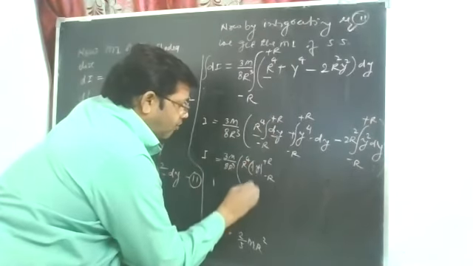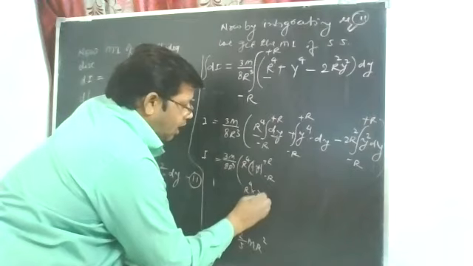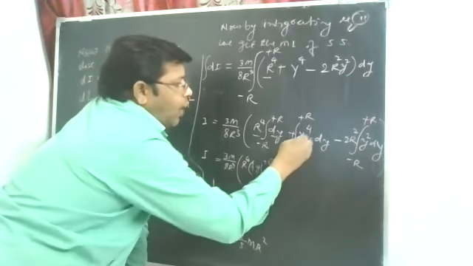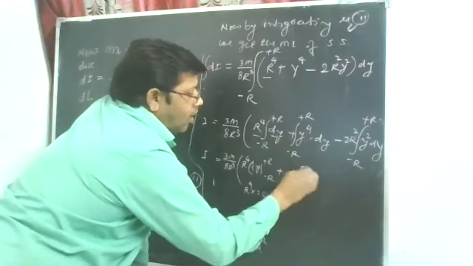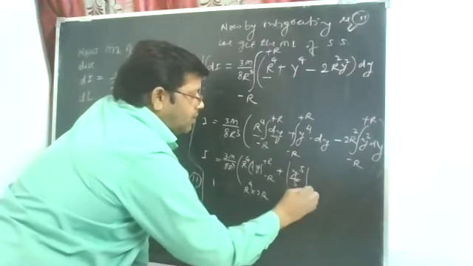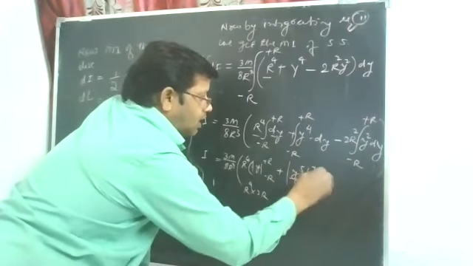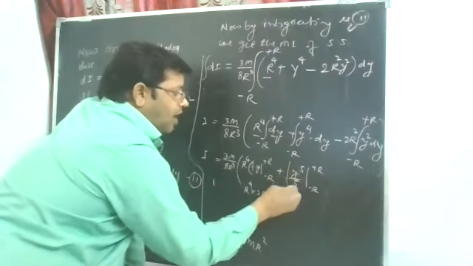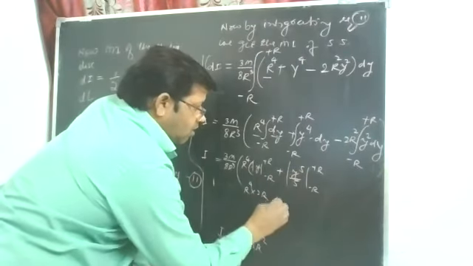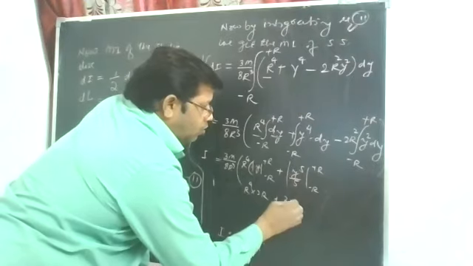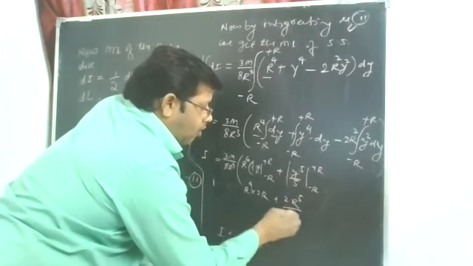r to the power 4 into 2r. Now plus y to the power 4 into dy, it will be y to the power 5 upon 5. What is the limit? Minus r to plus r. It will be r to the power 5 minus minus r to the power 5, that is 2r to the power 5 upon 5.